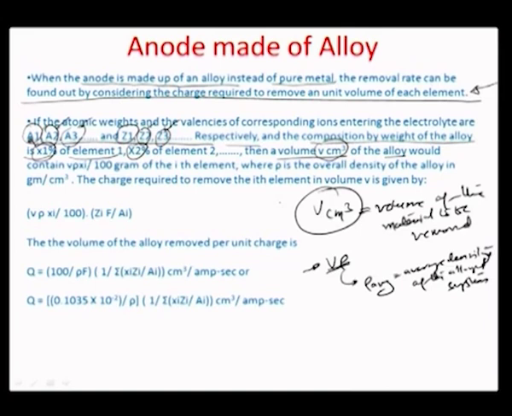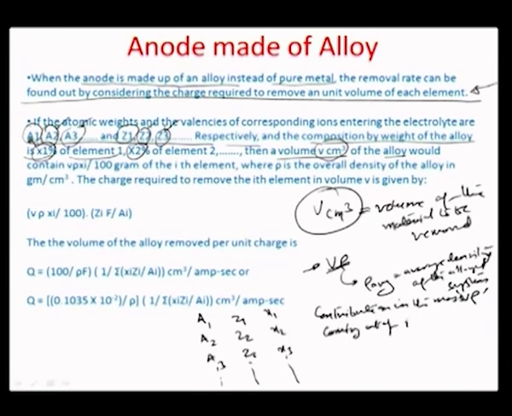So, V rho is basically the total amount of mass which is contained in V centimeter cube volume, and out of which, as I have already told, the system has different species of atomic weights A1, A2, A3 of different valencies Z1, Z2, Z3, so on up to some n maybe component, and then in different percentages x1, x2, x3, so on and so forth. So, therefore, is the total amount of contribution in the mass V rho coming out of the ith metal, right.